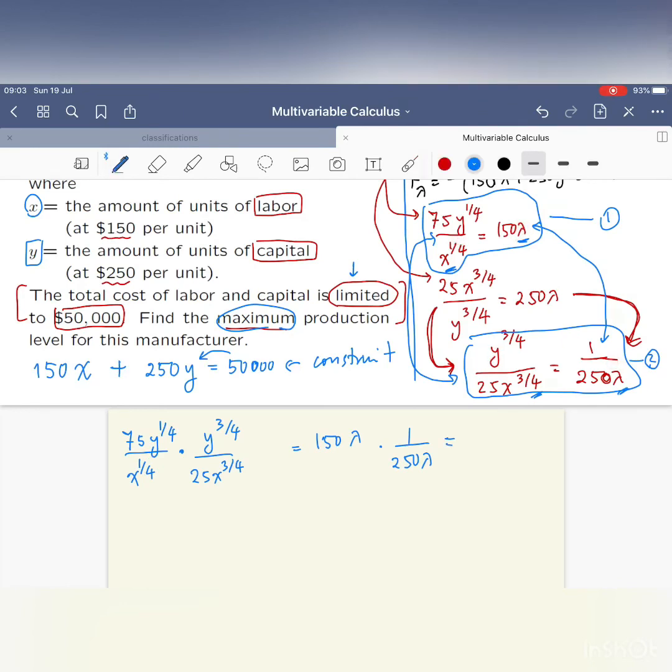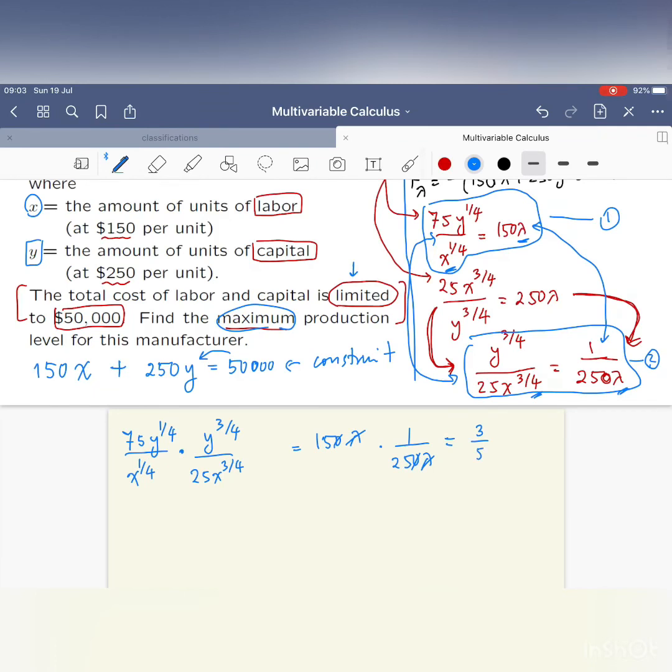So here the lambda happens to cancel, and then your 150 and 250, the 10 is also cancelled. So your 5 will be 3 over 5, just like this.